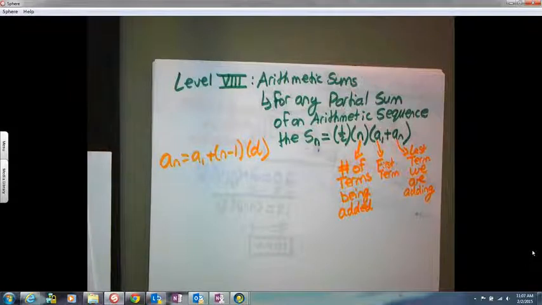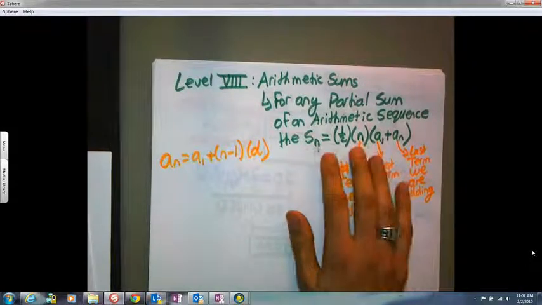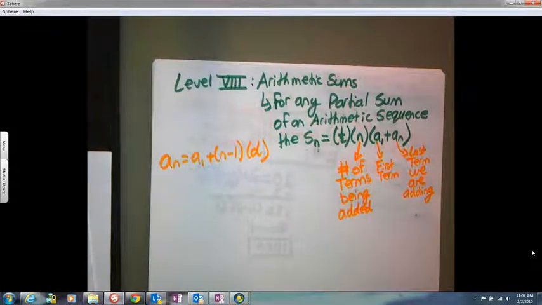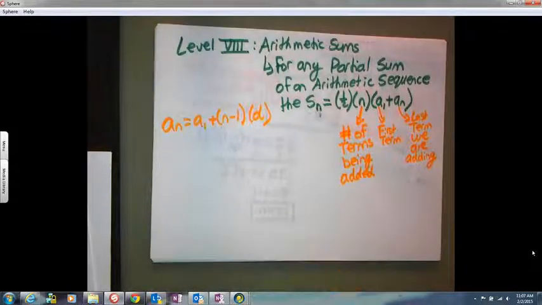So now we will use this new equation to solve problem 1 on level 8. Before I go there, I want to make sure everybody has a chance to get this down. Are there any questions on the formula before we go on? Okay.